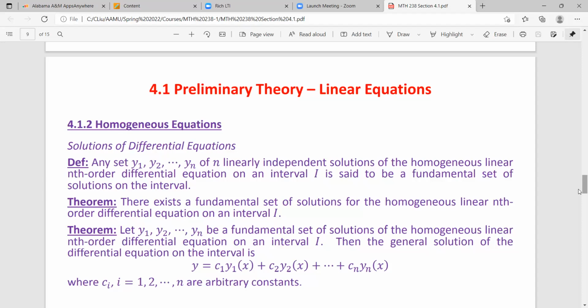So if you have a set of n linearly independent solutions of the homogeneous equation we consider, then we call this set a fundamental set of solutions for the equation. All right. So then we have two theorems in here. The first theorem says there exists a fundamental set of solutions for the homogeneous linear nth order differential equation on the interval I. So there is always a fundamental set of solutions.